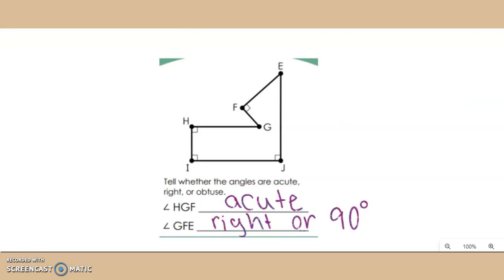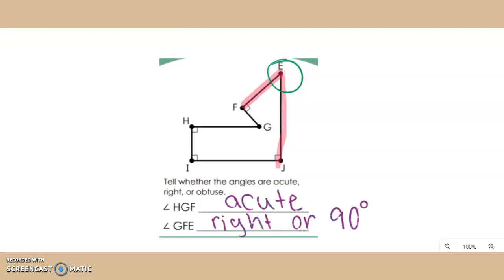Let's look at a different angle. So we're going to go from F to E, and then we're going to go from E to J. We're looking at this angle right there.